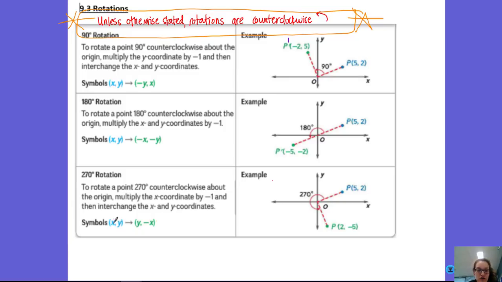So you change the sign of the x coordinate and then interchange them. Again, these are all counterclockwise rotations unless we specify. Now for 180 degrees, whether you rotate counterclockwise or clockwise, it doesn't matter. You're going to end up in the same spot because 180 degrees is halfway.